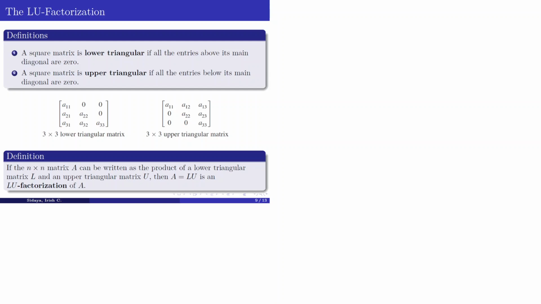If the n by n matrix A can be written as the product of a lower triangular matrix L and an upper triangular matrix U, then L times U, which is equal to A, is an LU factorization of A. For example, this matrix is equal to the product of these two matrices, where this one is a lower triangular matrix and this one is an upper triangular matrix. So this is called an LU factorization of this given matrix.